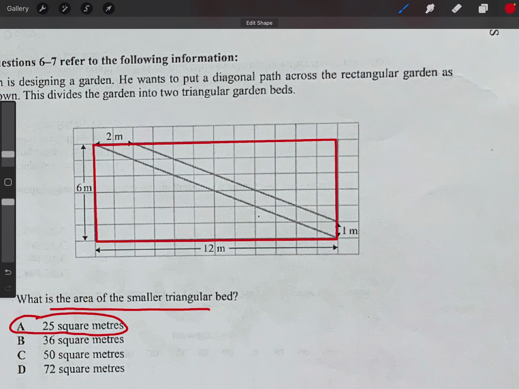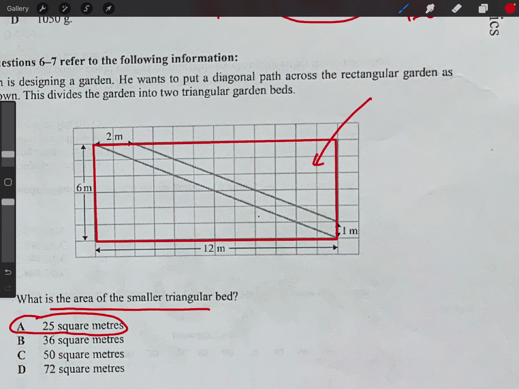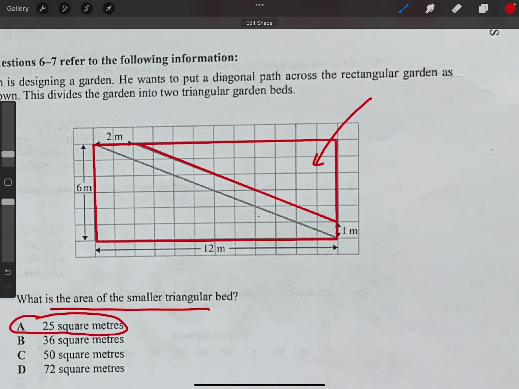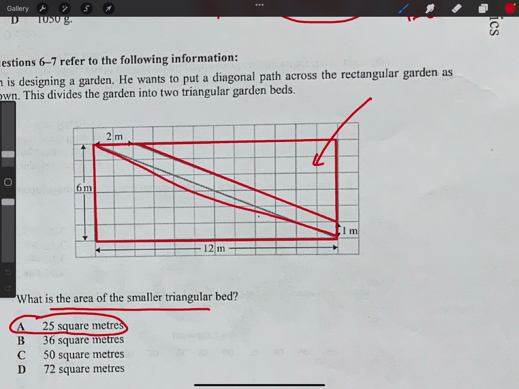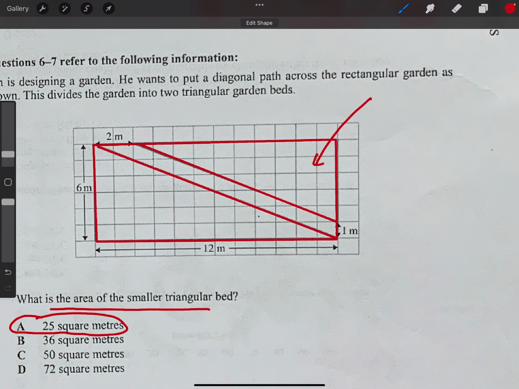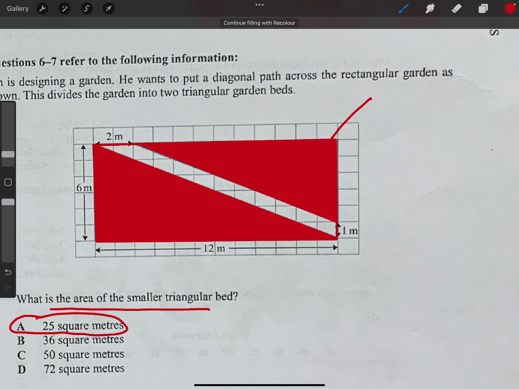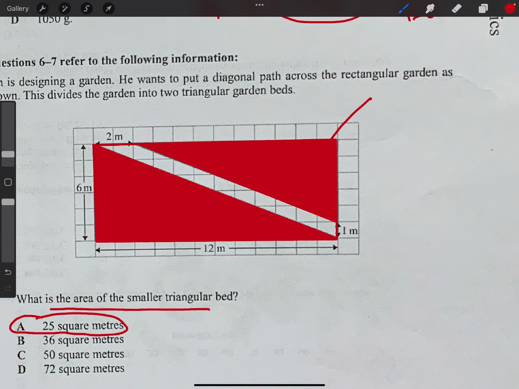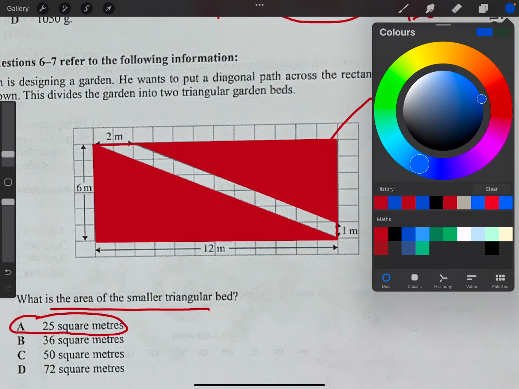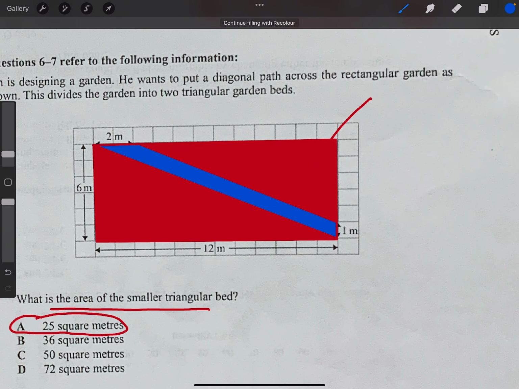There we go. I'm going to find the area of this rectangle, and then I'm going to minus the area of this triangle here, and then minus the area of the other triangle. What I'll be left with is the path. Let me color that in. So you find the area of the big rectangle, and then you minus the two areas and you get the middle area.